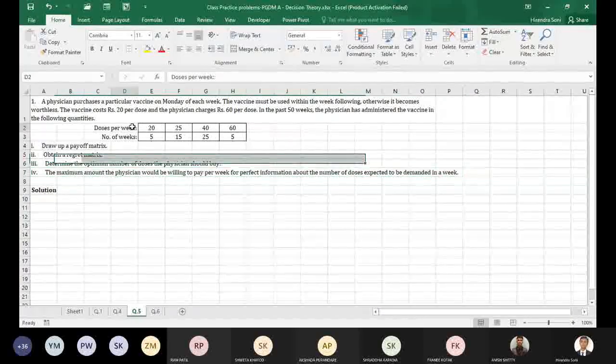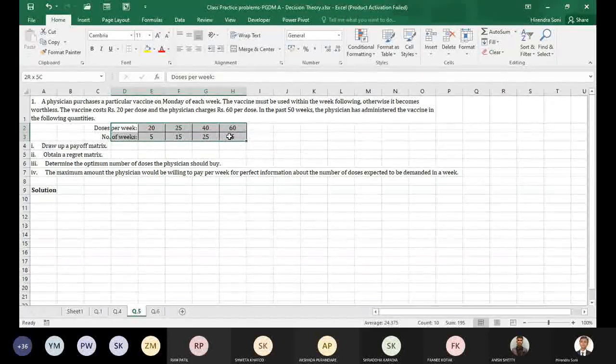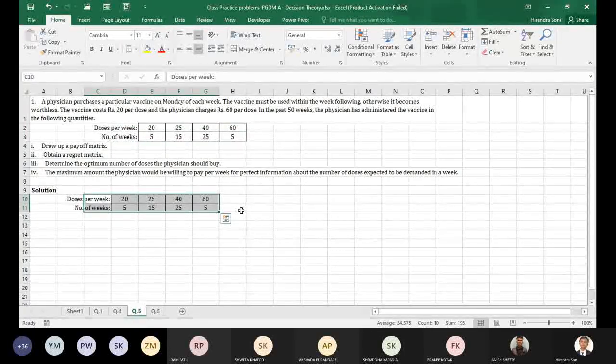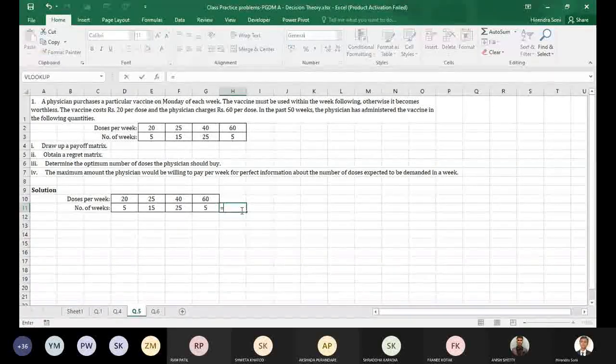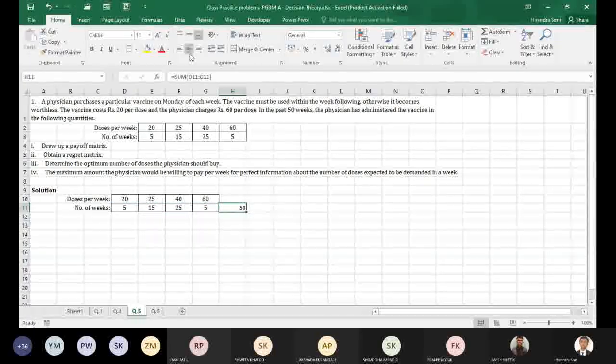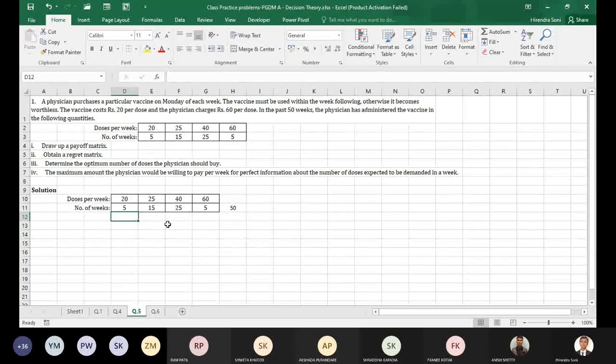Now, when we have to start with this, observations have been done over 50 weeks, correct? That means the percentage-wise probability of the doctor making 20 vaccinations per week would be equal to 5 divided by 50.